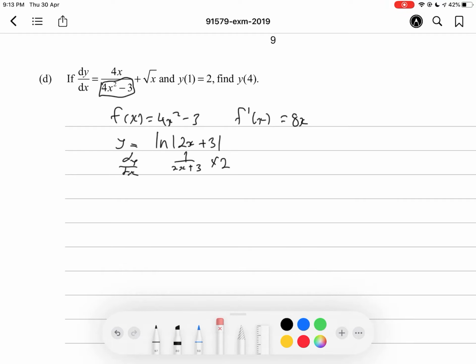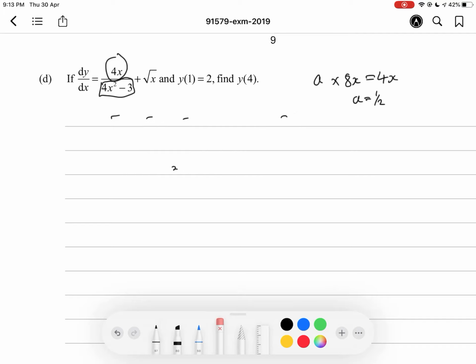We'll have some a, in this numerator part, multiplied by 8x, which is going to give us our numerator, which is 4x. So if we rearrange, we should find that a equals 1/2, which would be in front of the ln function. So now that we've got that out of the way, we can integrate this function.